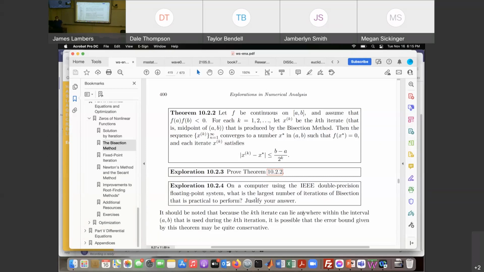Another drawback of bisection is that it doesn't generalize to functions of several variables, because the existence result you get from the intermediate value theorem doesn't have a higher-dimensional analog. Whereas pretty much all the other methods that we'll see, fixed point iteration, Newton's method, secant method, have some kind of generalization to functions of several variables.